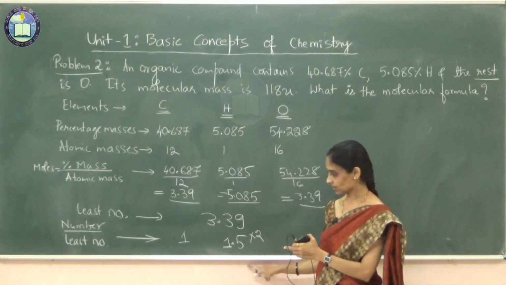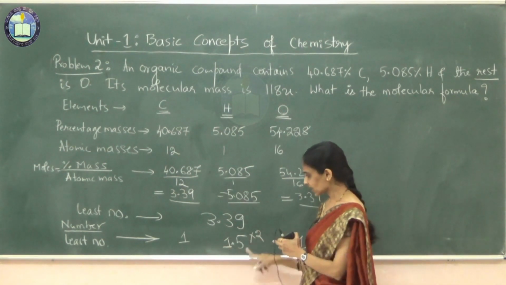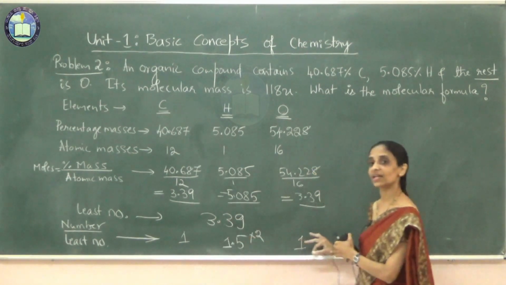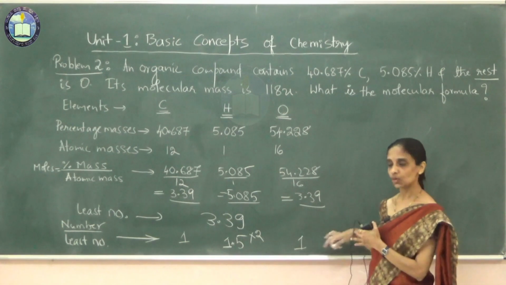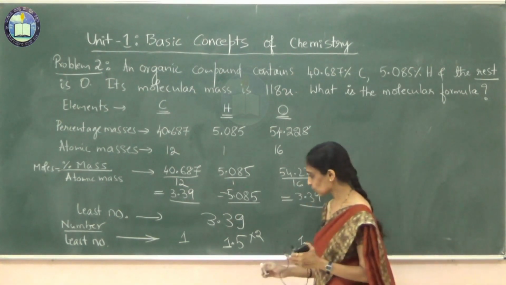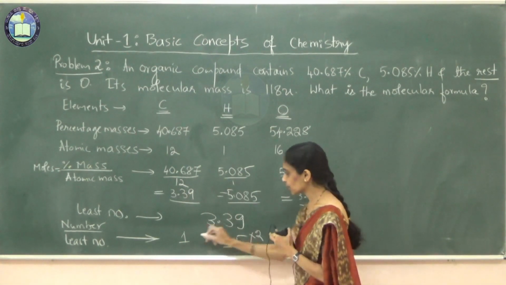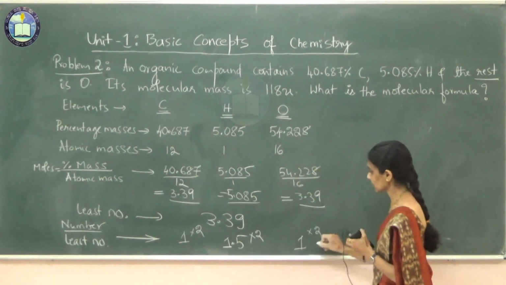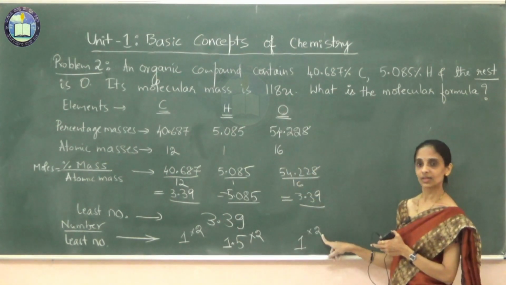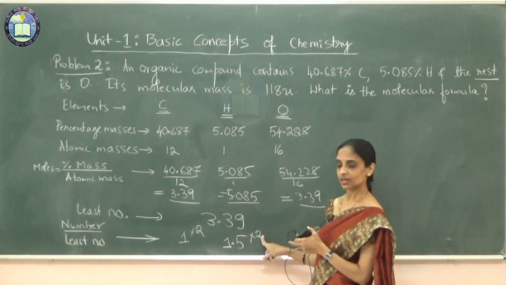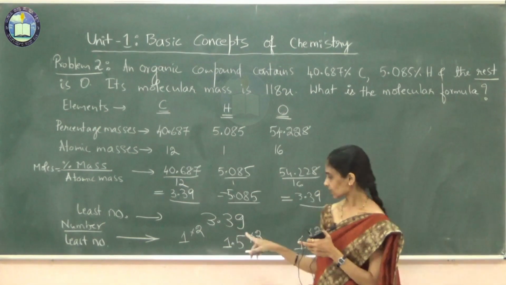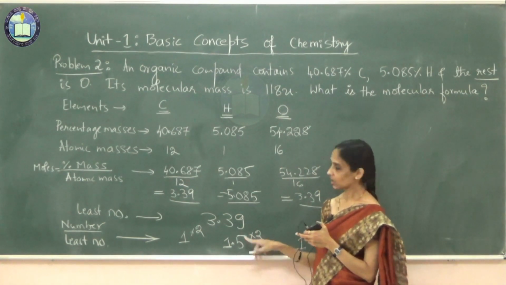That is an integer. But multiplying only this one by 2 is not right. You have to maintain uniformity throughout. So what I'll do, I'll multiply this by 2, even this by 2, and this number by 2. Why 2? 2 is the least number that will give you an integer when multiplying.